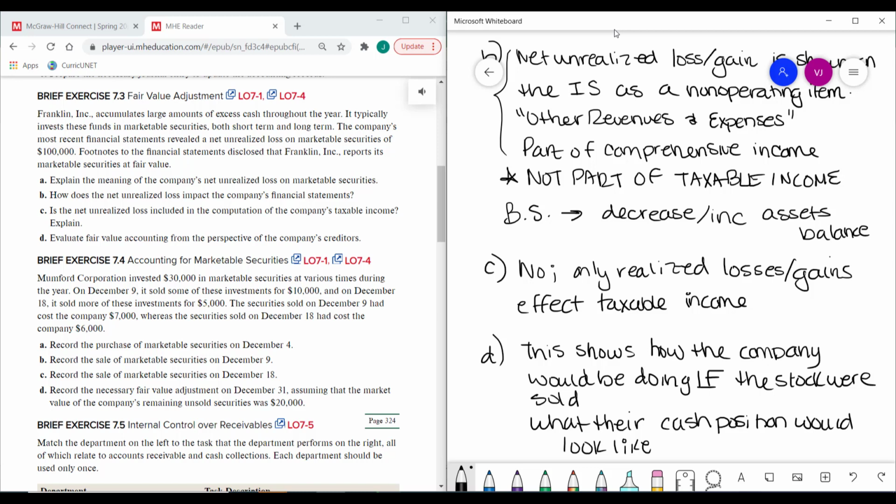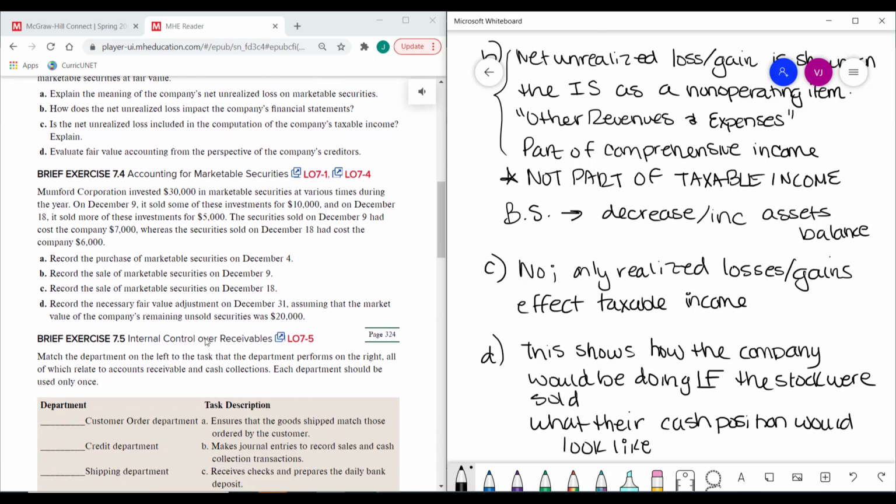I guess we can think of it as GAAP assuming that the users of those financial statements are informed parties who would know not to include that in their evaluation from an investor's perspective. But from a creditor's perspective, they'd like to see that, to see in the best case, worst case scenario, how would this company be doing?